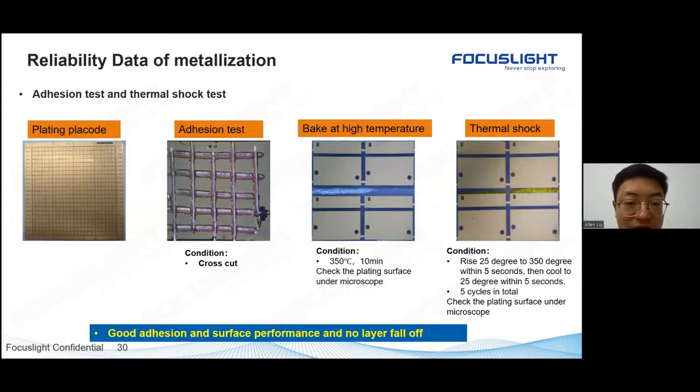And for other metallization, like gold plating metallization, we do the plating cycle test, adhesion test, and even a baking test at high temperature. You can see the temperature is as high as 350 degrees for more than 10 minutes. And then we even do the thermal shock test to ensure the reliability of the gold plating.